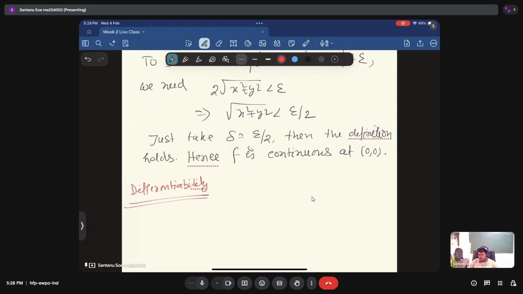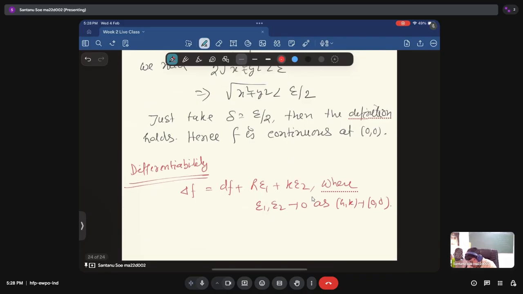And now we're going to go with the basic definition of differentiability. That is, it was delta f equals df plus h epsilon 1 plus k epsilon 2, where epsilon 1, epsilon 2 tend to 0 as (h, k) tends to (0, 0).